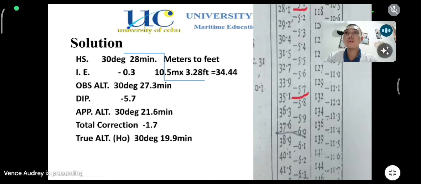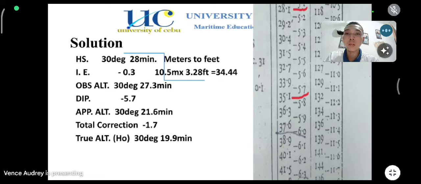For our DIP, or the height of eye, since the information given by the nautical almanac is in feet and the given was in meters, we should convert meters into feet. So 10.5 meters times 3.28 feet equals 34.44 feet.